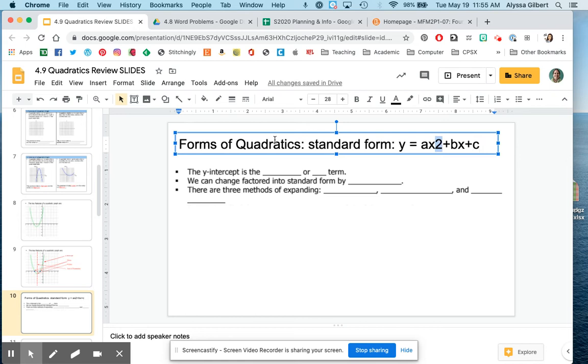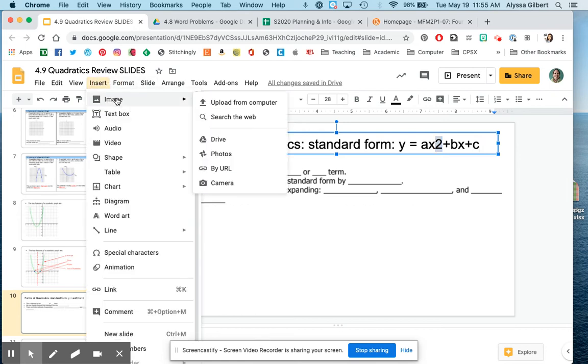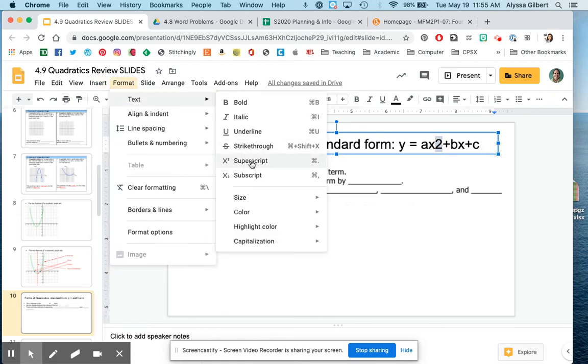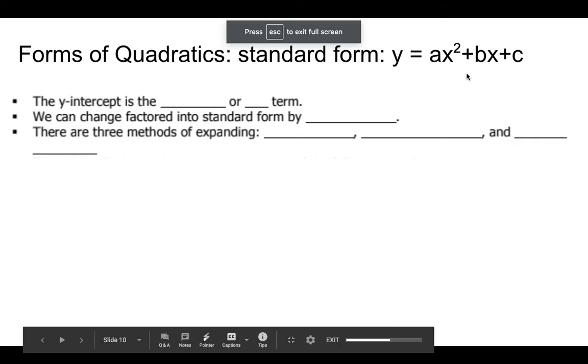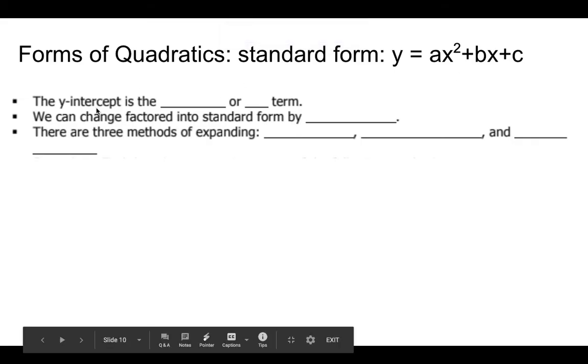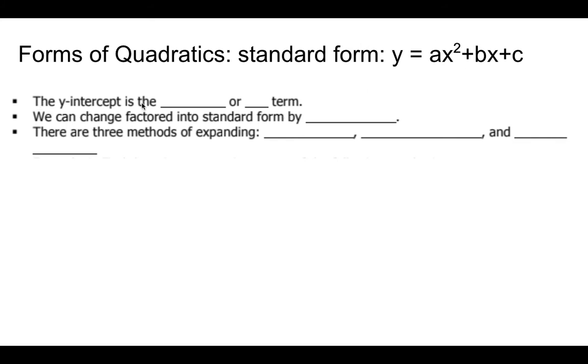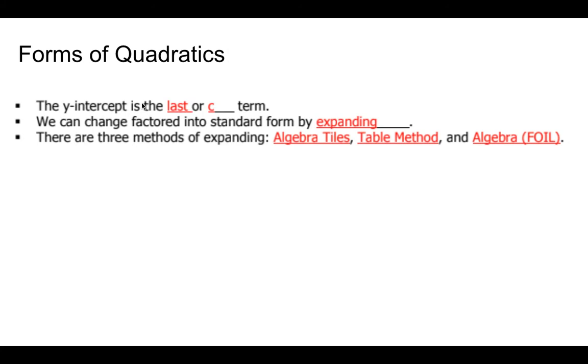And I'm just going to make this into a superscript, sorry. Okay. So from standard form, you can get the y-intercept from the last term or c term.